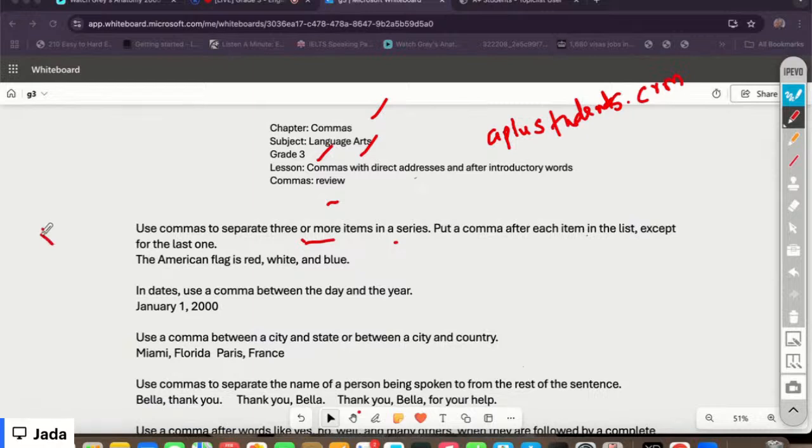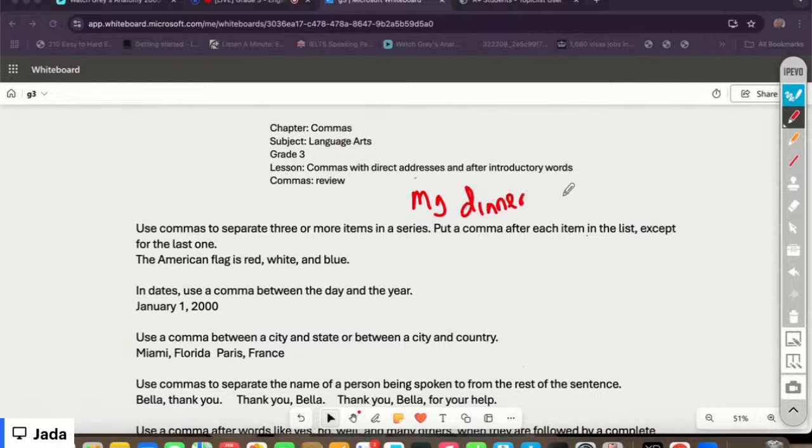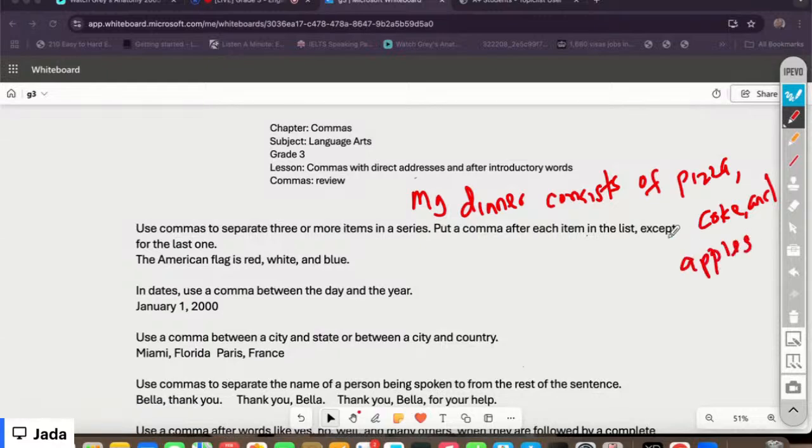You could say that my dinner consists of pizza, Coke, and apples.